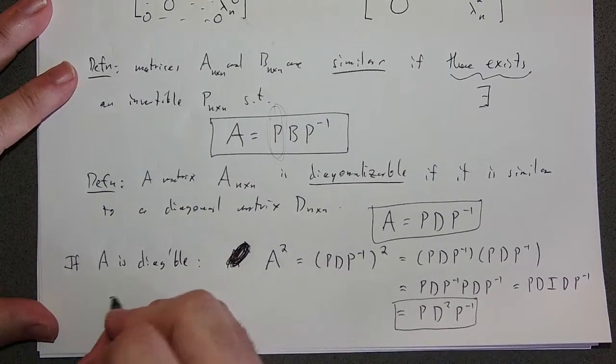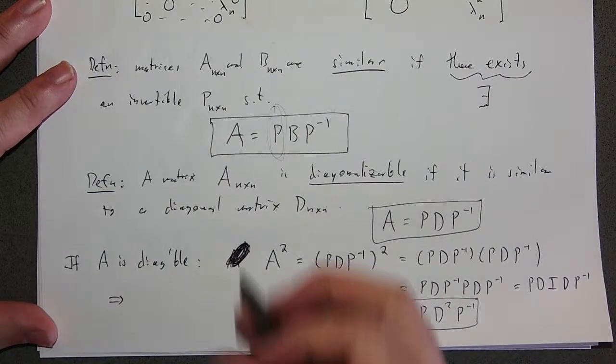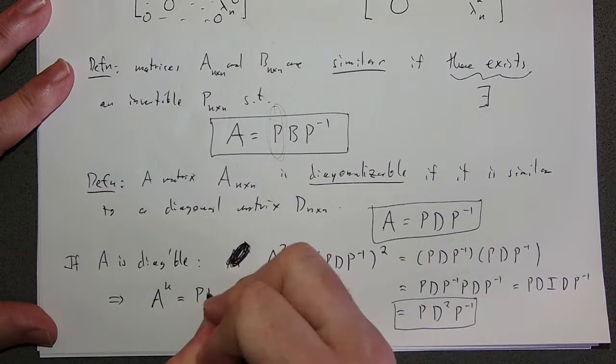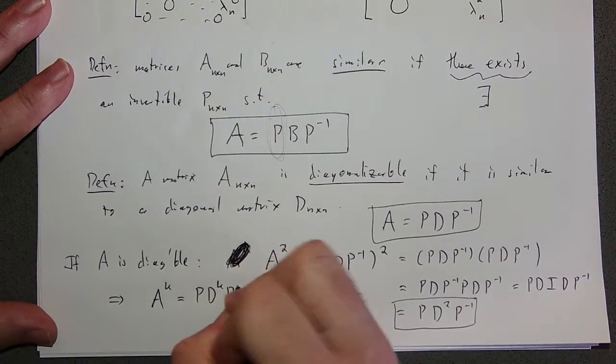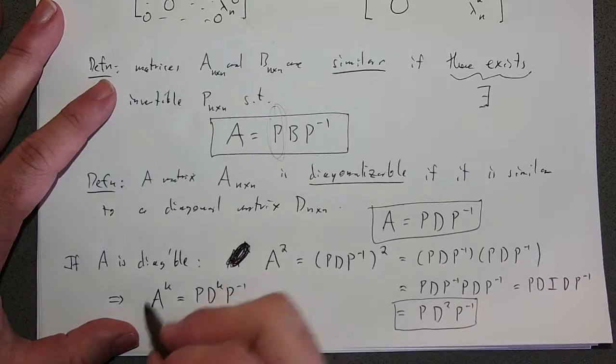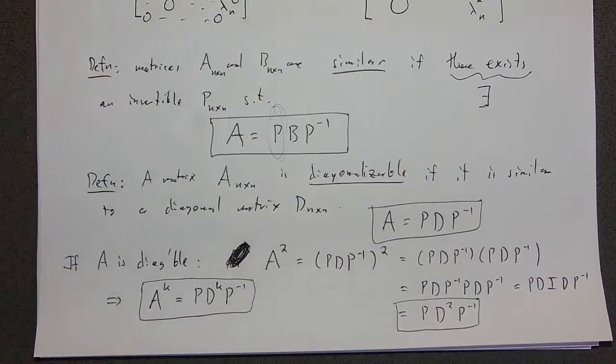What this means, by a similar argument, is A to the K is P D to the K times P inverse. Okay.